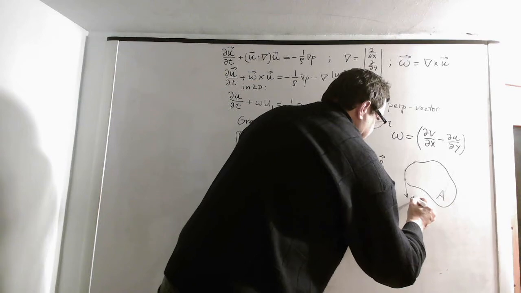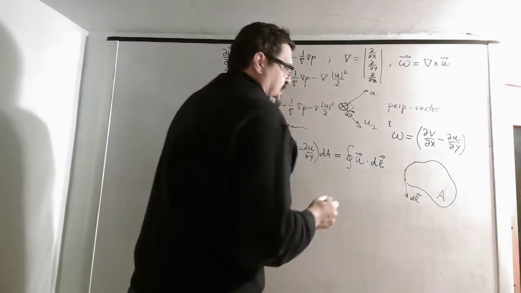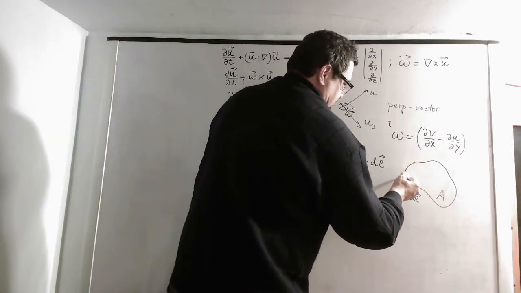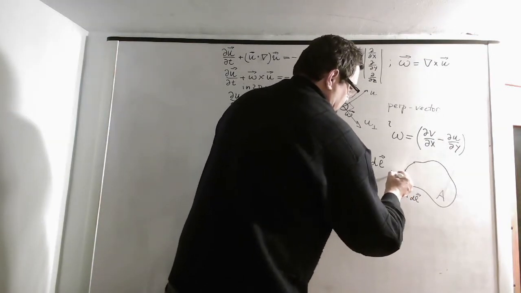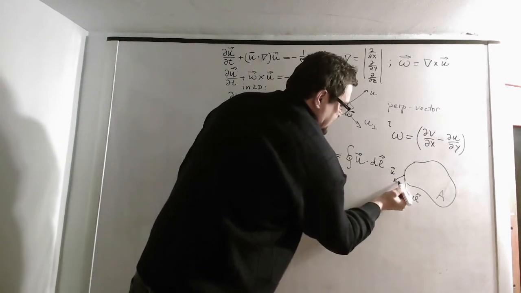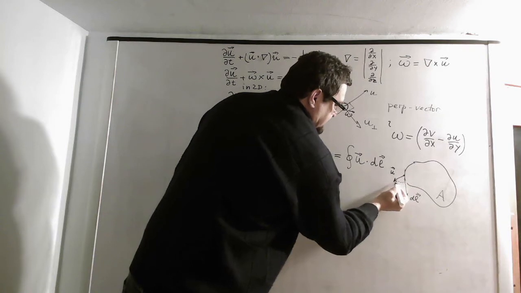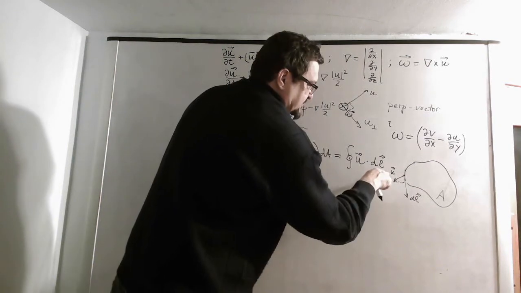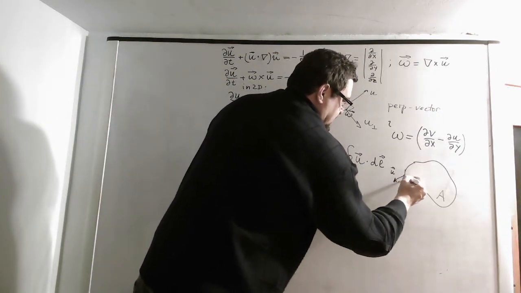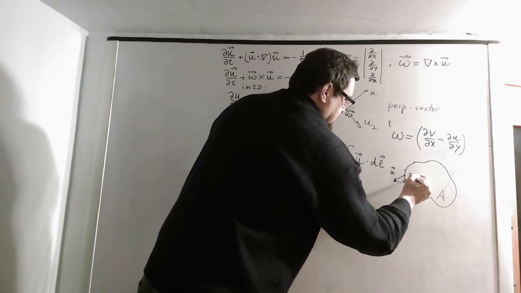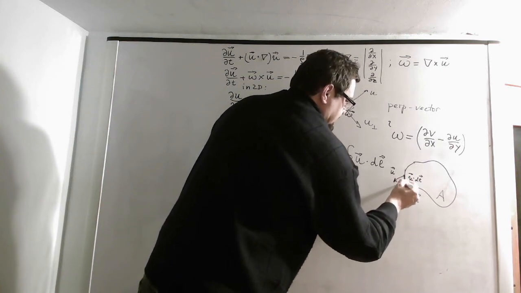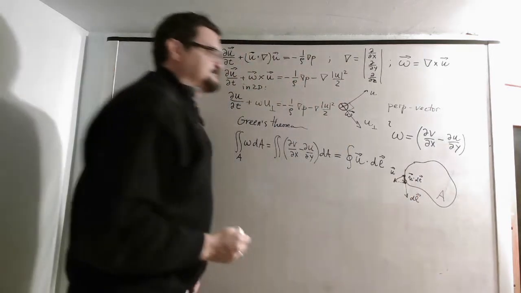So it's a dl, and vector u can be in an arbitrary direction at this point. It can be like this. So this is your u, and your dot product is basically the projection of this vector onto this L vector. So this is your u dot dl, this distance.